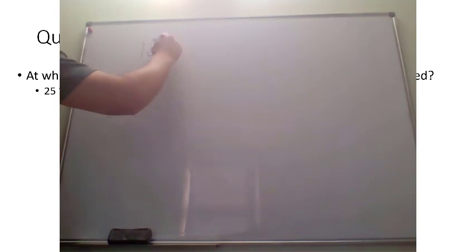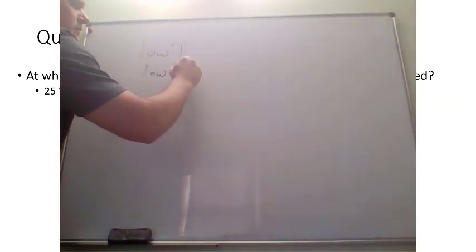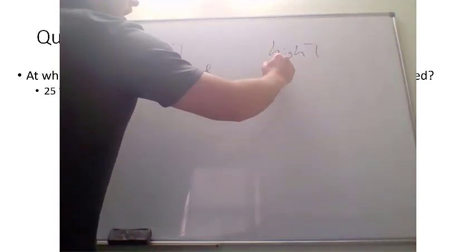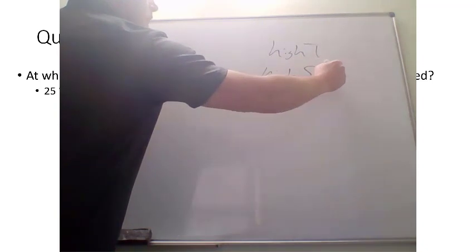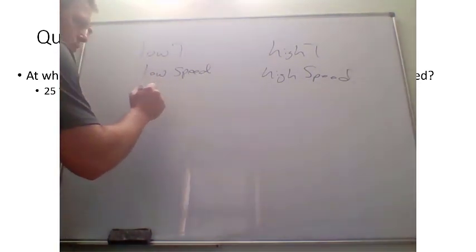So we know that at low temperature, we're going to have low speed. At high temperature, we're going to have high speed. So in order for us to compare these temperatures here, we want to put them all in Kelvin so that we can compare them very easily to each other.